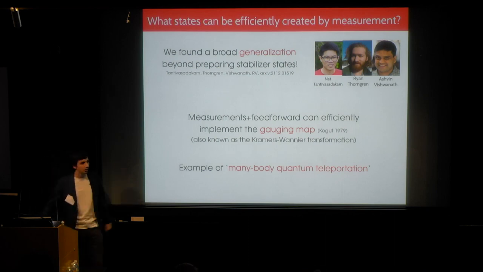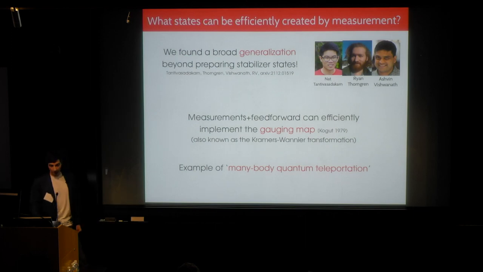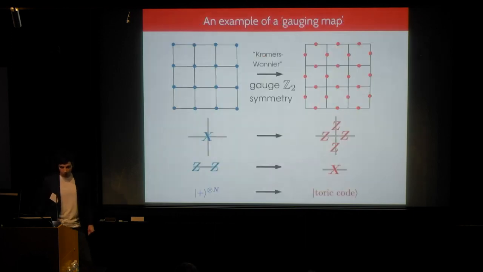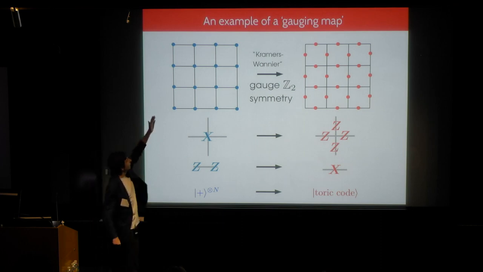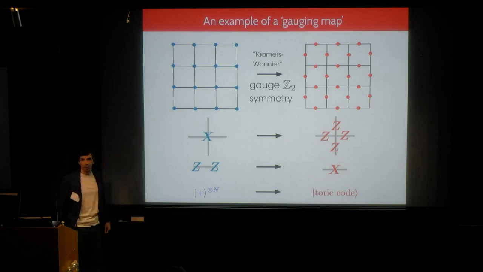So what is this map or this transformation that I mentioned? Essentially, it's a transformation of quantum states in one Hilbert space into quantum states in another Hilbert space. So for example, these blue dots signify qubits on a square lattice.